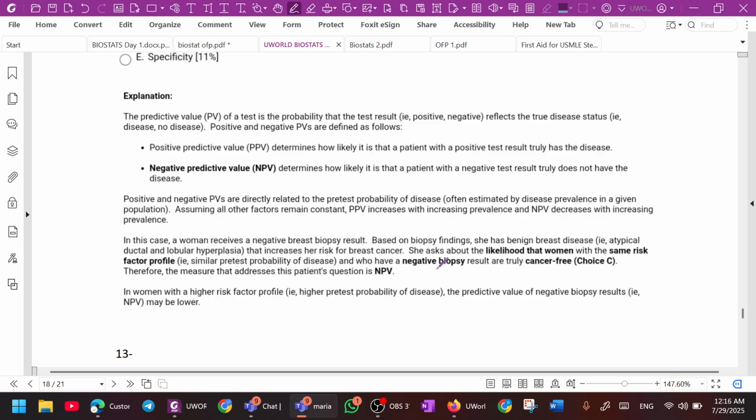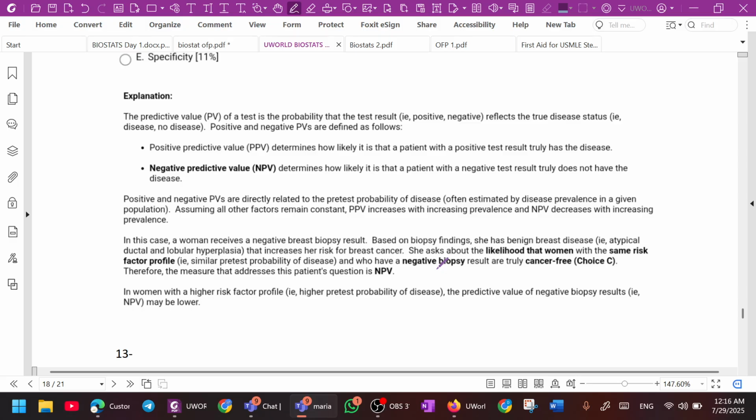Negative predictive value determines how likely it is that a patient with a negative test result truly does not have the disease.